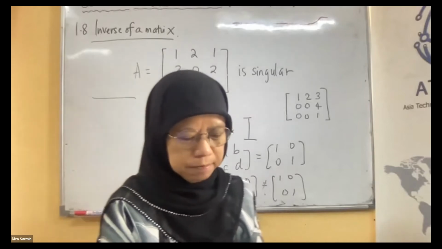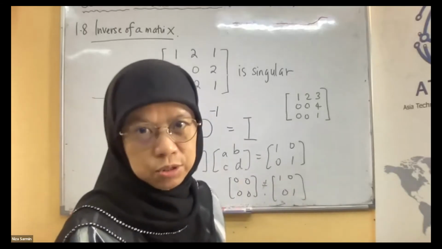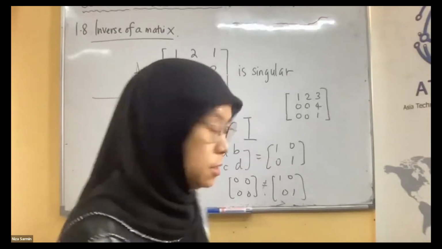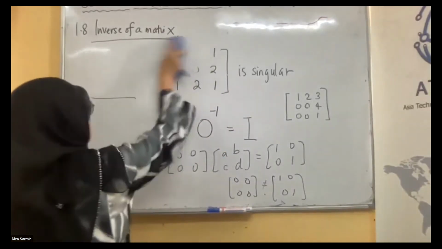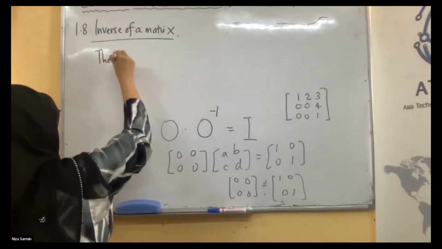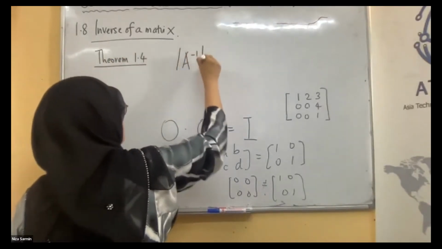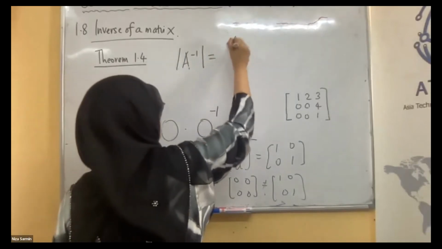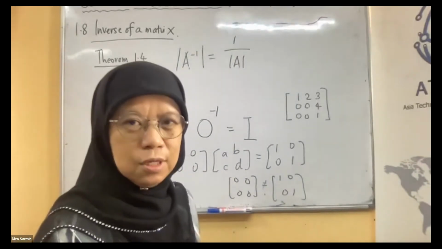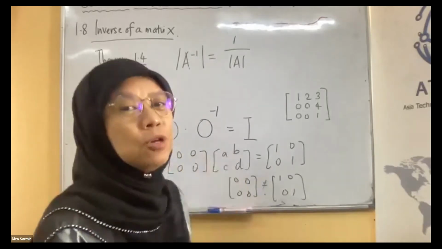Now the next theorem. First we have that A is invertible if the determinant is not 0. And what is the determinant of the inverse? This is theorem 1 point. The determinant of the inverse of a matrix A is actually the reciprocal, in Malay we call it salingan.